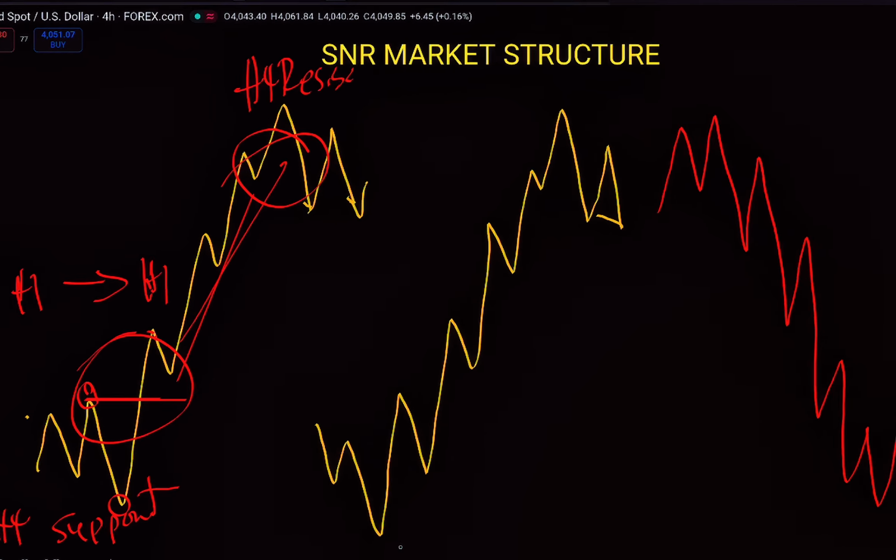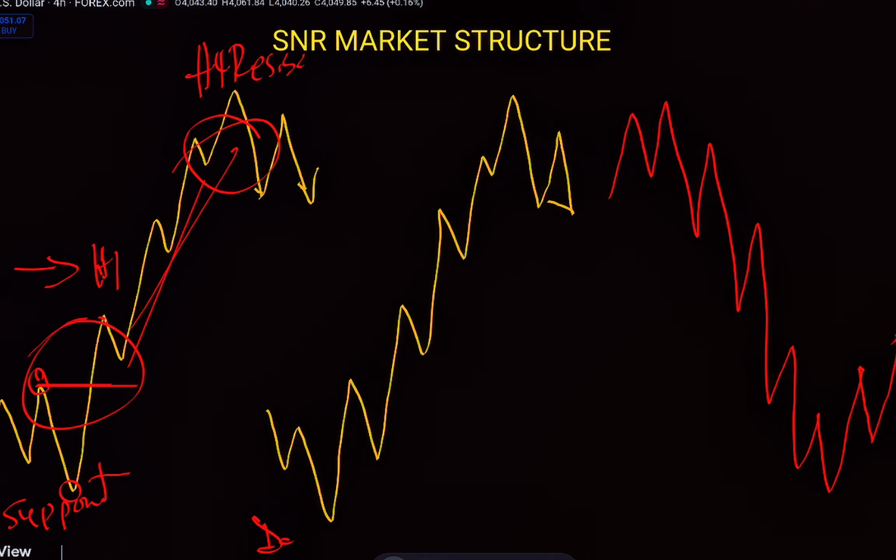So when we come here, let's say here we have daily support here. That means if this is daily support, we have to be reading the structure in H4. So this is H4 structure, and the last low, this is very important. The last high here that led to this low that was created, that high, when it gets broken, that means this is a hint for us to know that there is change in structure.